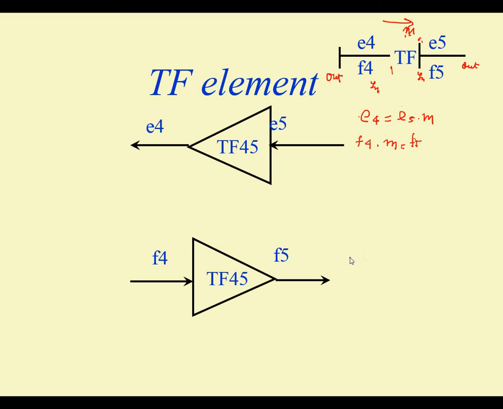The way it's written here, the output on this side is the flow, and this is the input here, F4. These are the equations that you see here. This would be E5, F5.